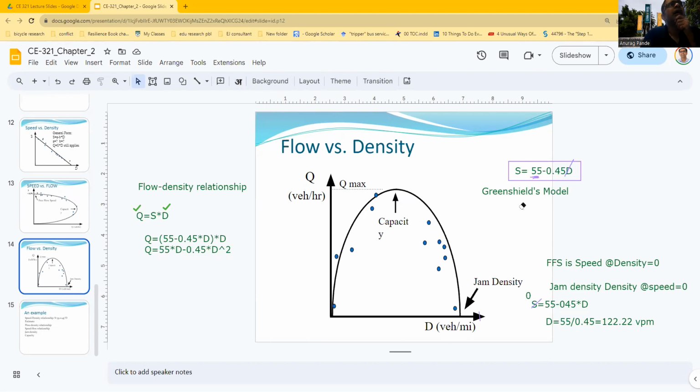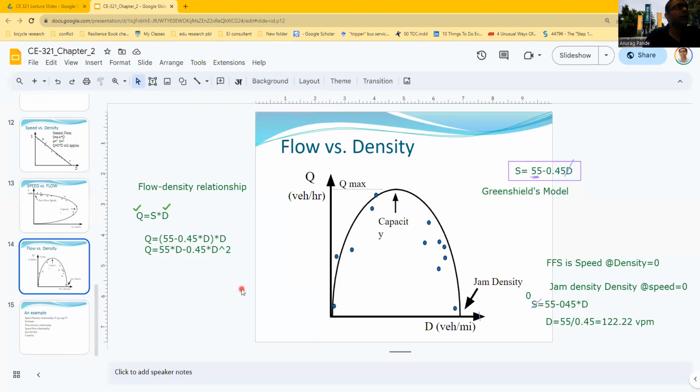If I'm looking at this chart right here, this equation actually represents this chart, where D is on the x-axis, Q is on the y-axis, and this is 55D minus 0.45 D squared. Now, I've already told you that capacity is the maximum flow rate. That's represented by this peak of this parabola. And I hope you can think about ways to derive what that peak would look like. How can I find the peak of this parabolic relationship? That will give me the capacity.